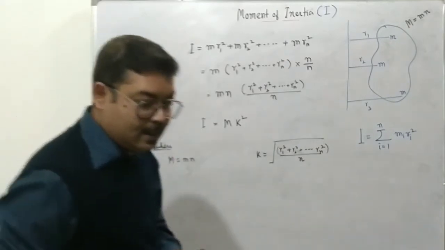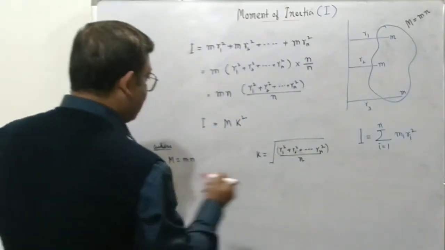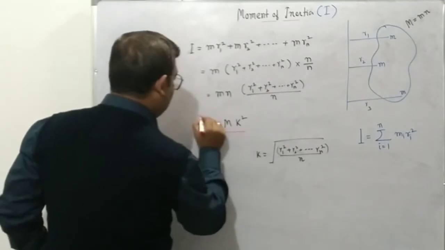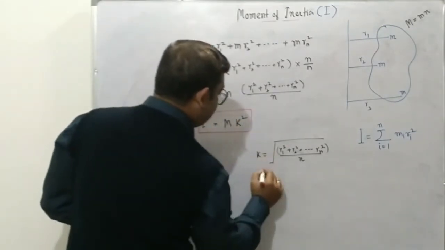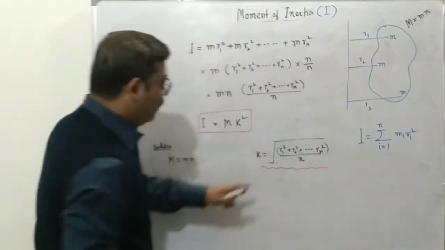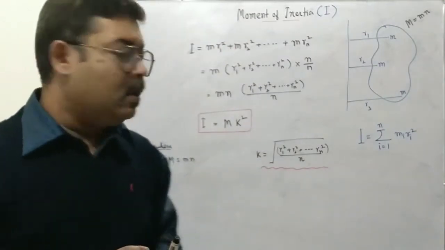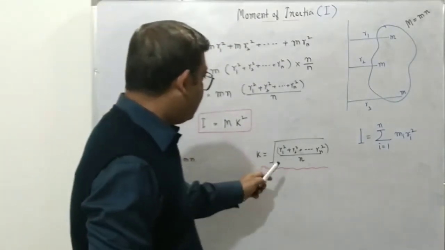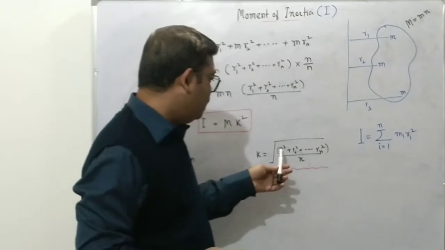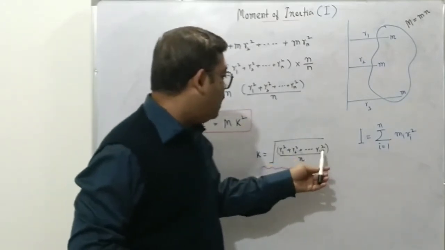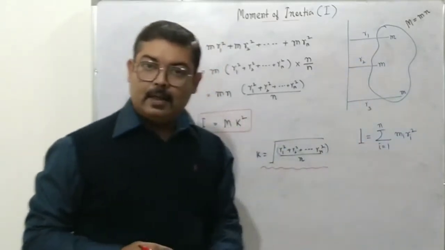So what does this expression signify and what does this expression signify? First let's get to this. See, R1, R2, R3 are the distances of the particles, right?